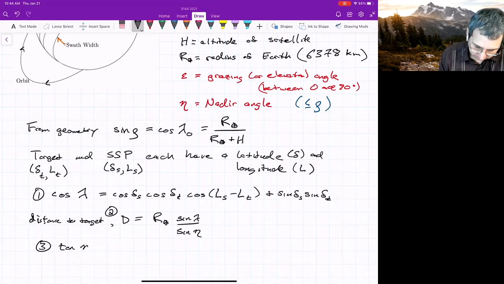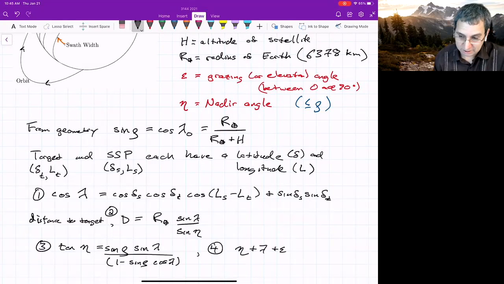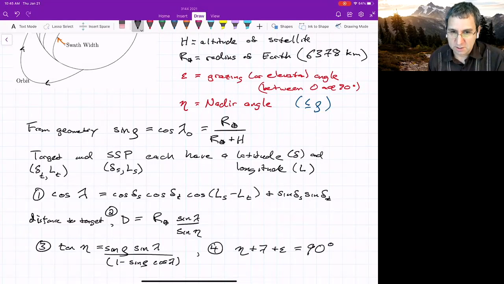Tangent of eta equals sine rho sine lambda divided by 1 minus sine rho cosine lambda. There's another thing: eta plus lambda plus epsilon. If you wanted to get the elevation angle, the sum of those is equal to 90 degrees. So if you know 2 of them, then you get the third, and it can be proved.